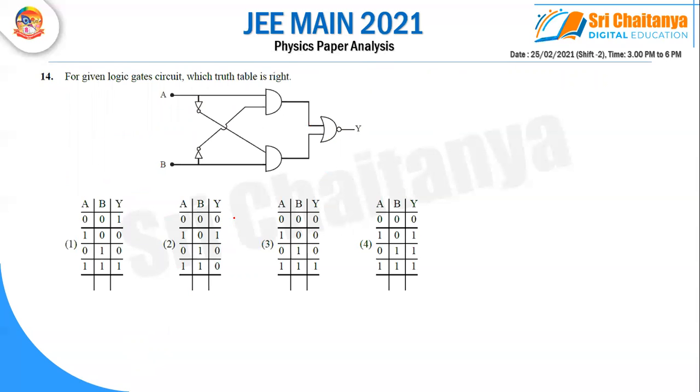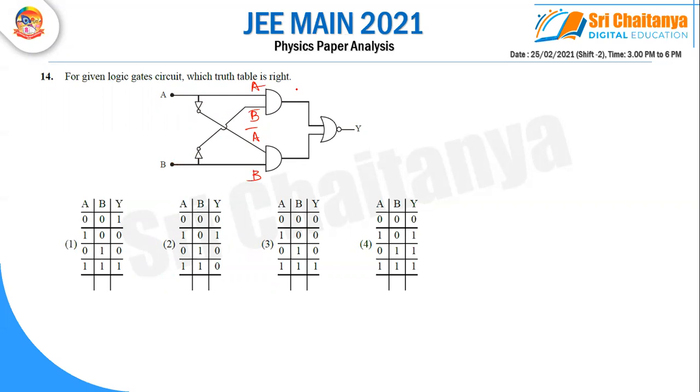Move on to this. Now for the given logic gate circuit, which truth table is right? Now this truth table, we need to work with each of these, and then you are going to get it. Now this A will be A here, and this will be A bar, and this B will be B here, but this will be B bar. Okay.